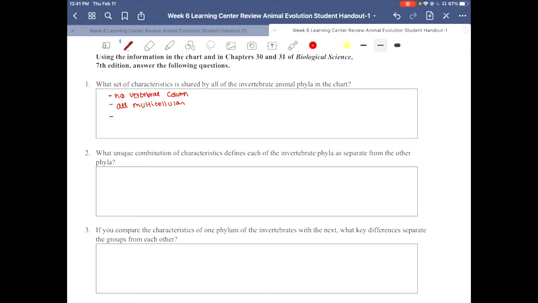All the invertebrate animals that we looked at in the phyla don't make their own food, so we're gonna classify them as heterotrophs. So I would say these three characteristics are important to remember. If they ask you what they all share, these three answers would be great choices.